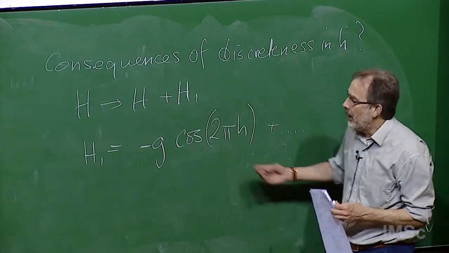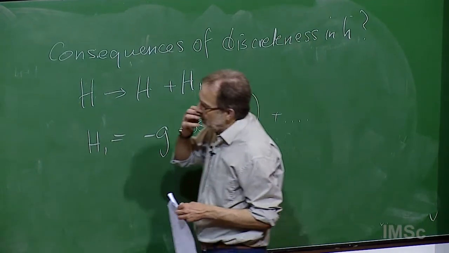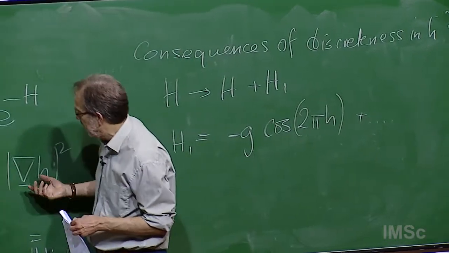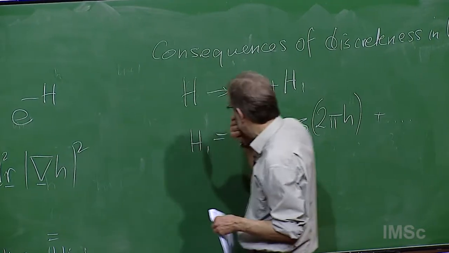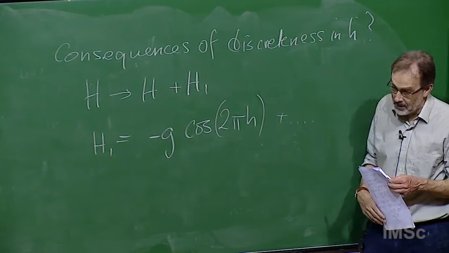And so then you have a field theory of this quadratic theory perturbed by a cosine term.